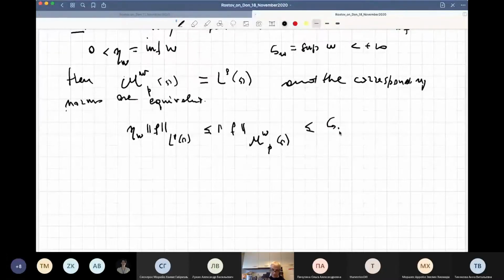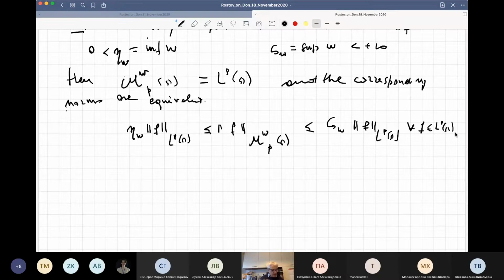So for F in L P omega, and W, they are equal in this case. Okay. Then an example.